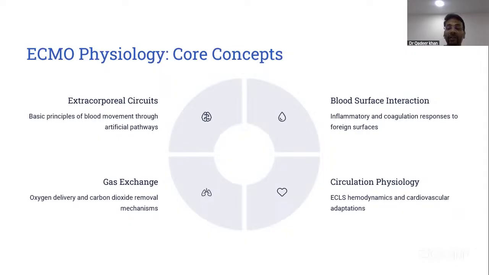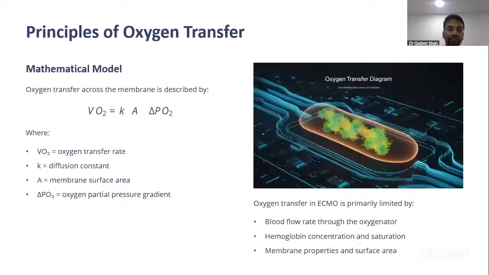Now it is like an inflammatory syndrome, because extracorporeal blood flowing through the circuit can initiate an inflammatory response. Again, blood surface interaction may cause an inflammatory response that may initiate a coagulation response because of the foreign material. And the gas exchange, as I told, happens because of the concentration gradient. These are all things which we will discuss in the next few slides.